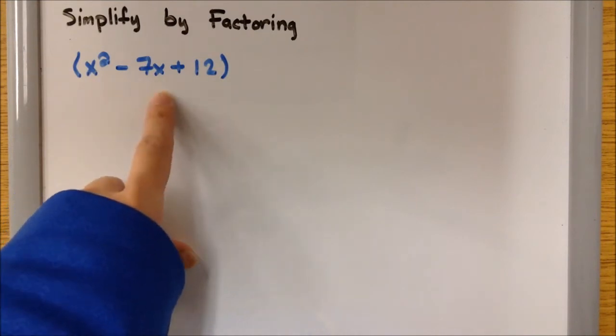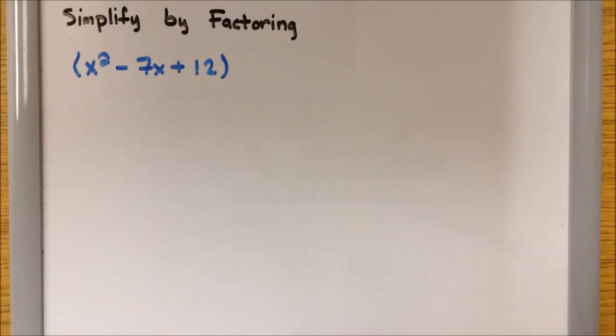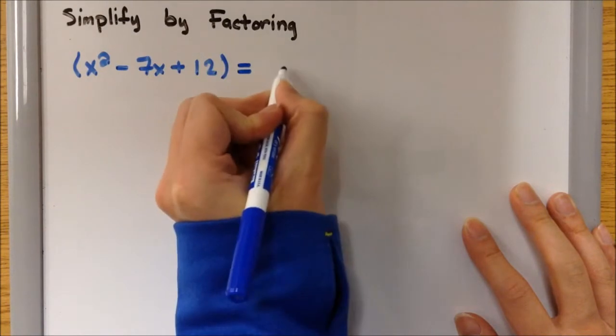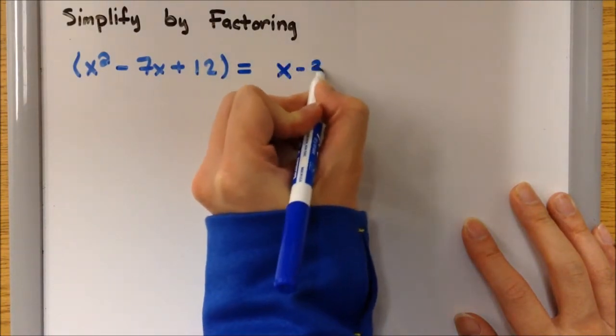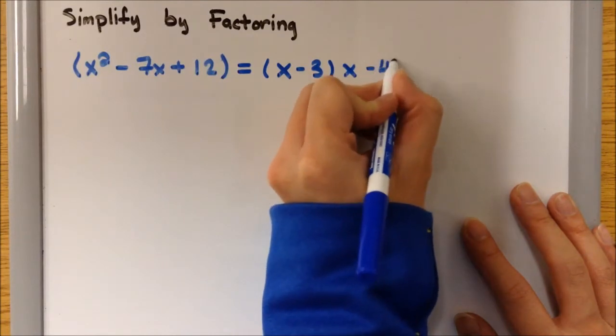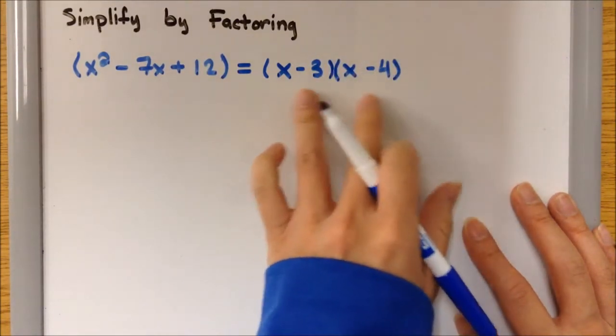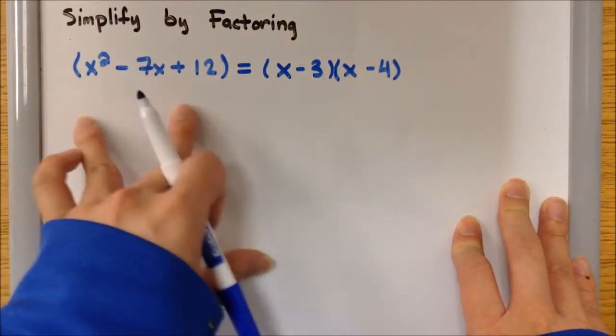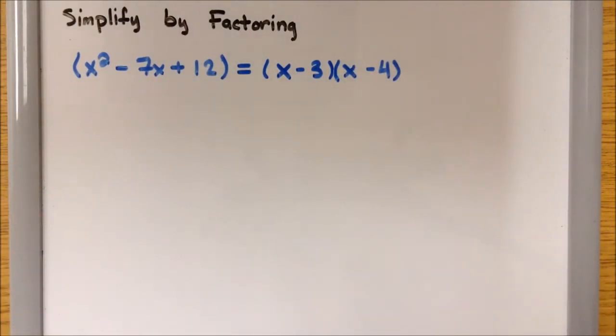x squared minus 7x plus 12. If I were to ask you to factor, you would write it in factor form, which would be x minus 3 and x minus 4. This would be the factors for this quadratic function.